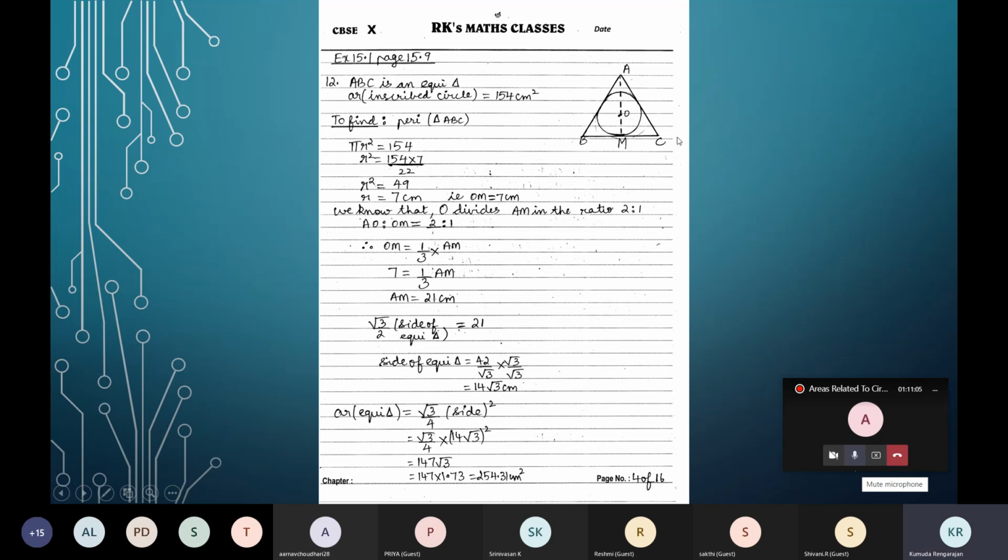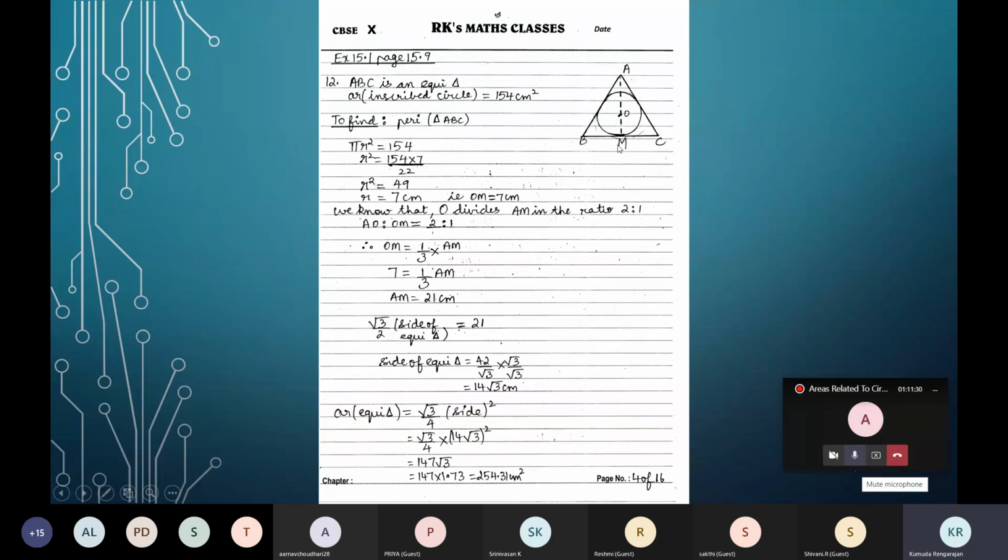Okay, so equilateral triangle ABC in circle, center O, AM is the altitude. See, it's a line segment from the vertex perpendicular to the opposite side. So let's say AM is the altitude from A on BC. Altitude will also be the median. In an equilateral triangle, altitude is also the median.